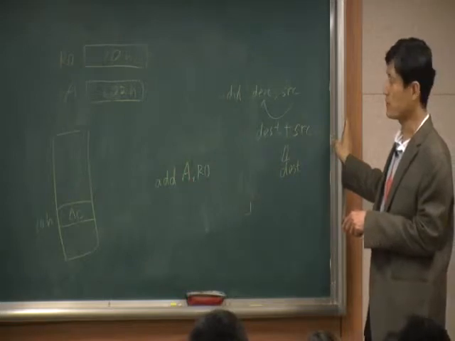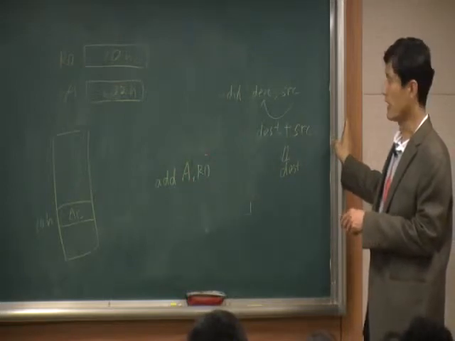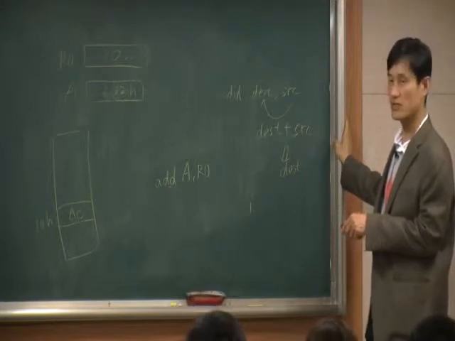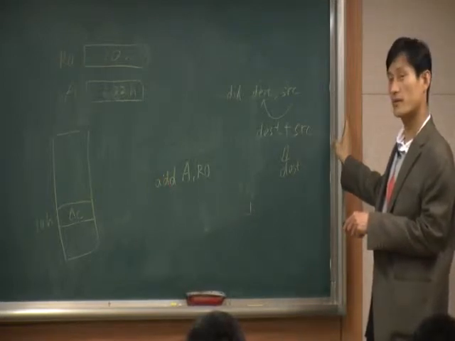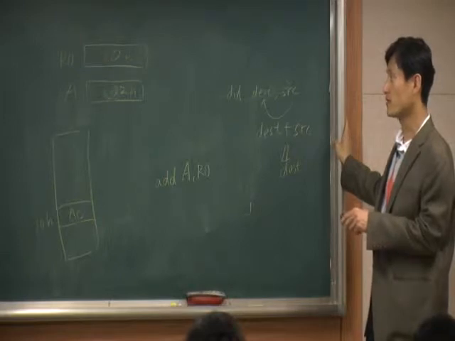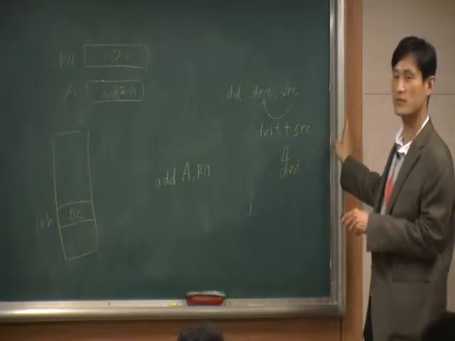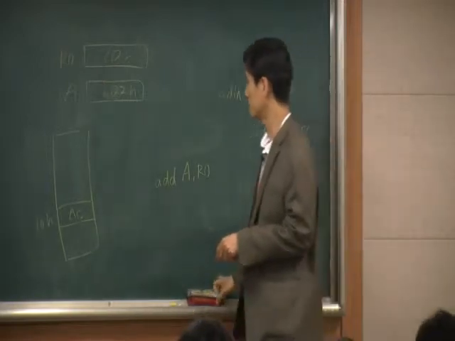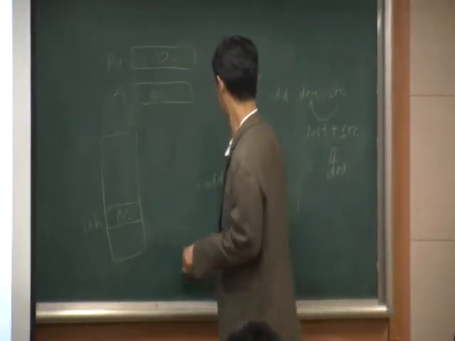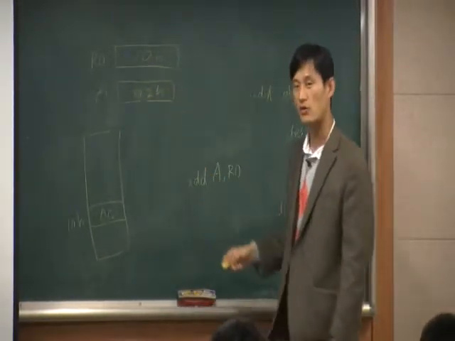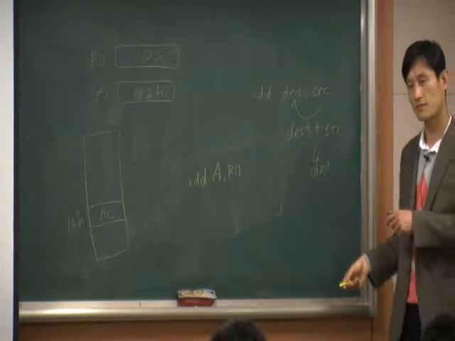Our initial value in A was 02, and in R0 we have a value 10. You do addition, then what happened? The value in A is now changed to 12H, right? Just addition of these 2. You simply just add. That's the outcome, right?